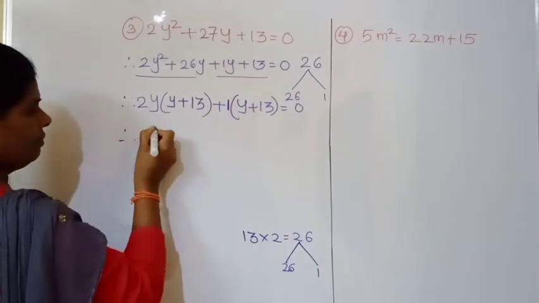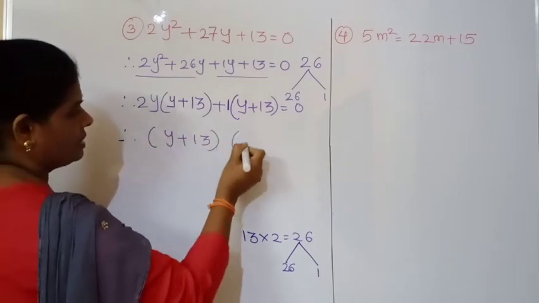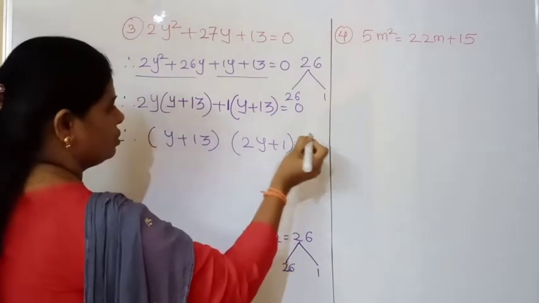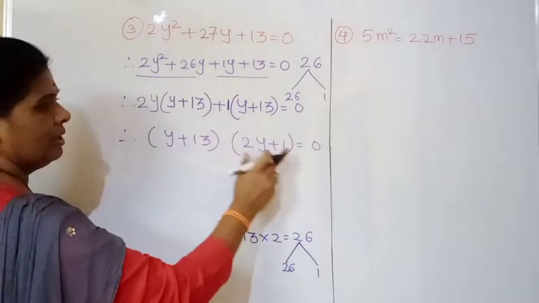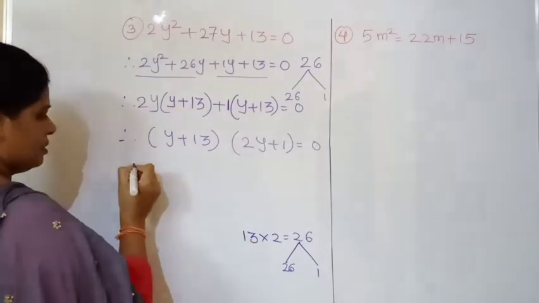Okay. Now which are the factors? First factor is y plus 13 and second factor is 2y plus 1 equal to 0. Now we have to divide it into two parts.